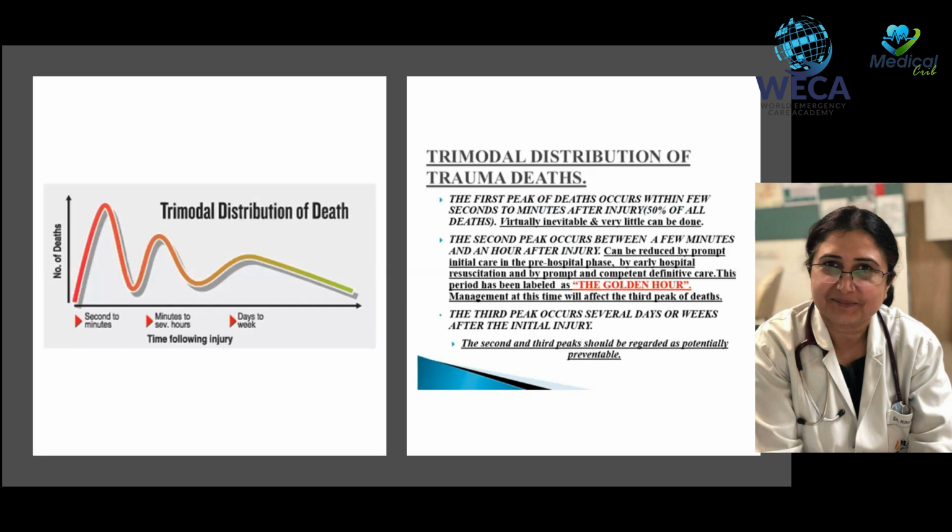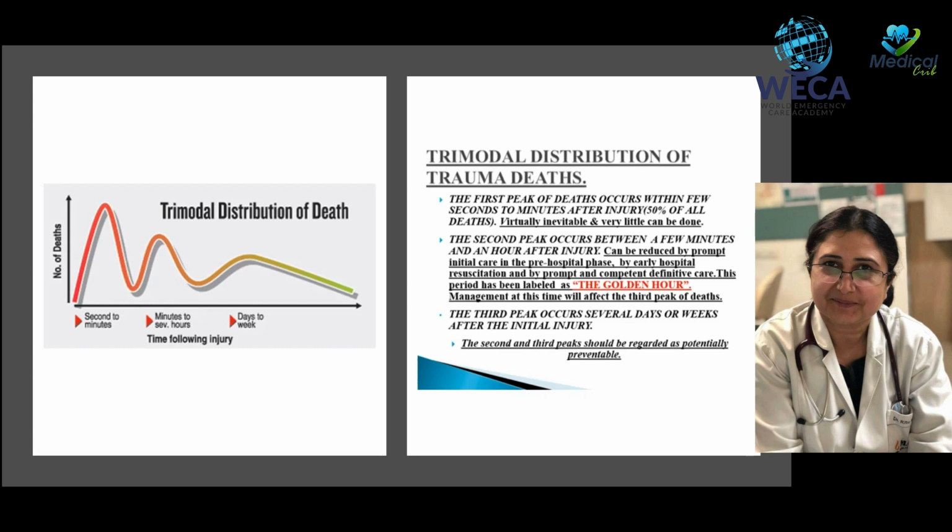Trimodal distribution of trauma deaths. There are three peaks. The first peak of death occurs within a few seconds to minutes after injury, is virtually inevitable, and very little can be done for these patients. The second peak occurs between a few minutes and an hour after injury.